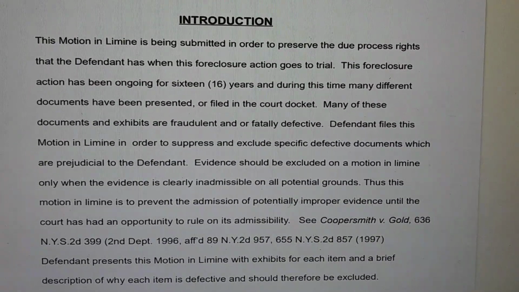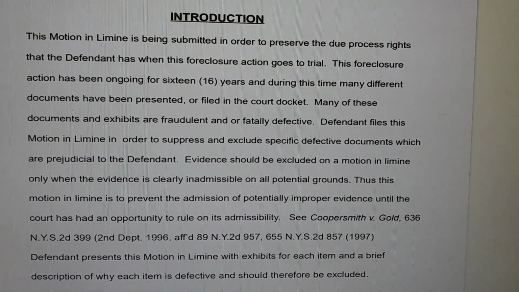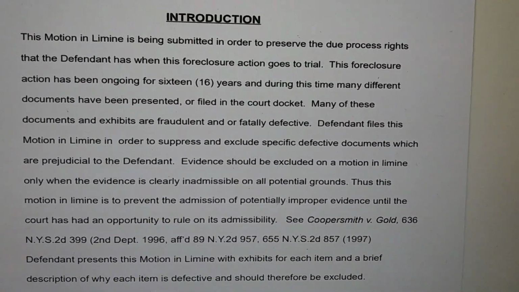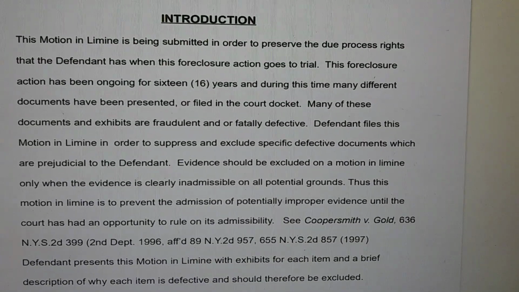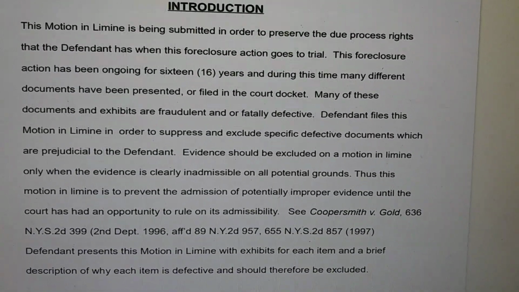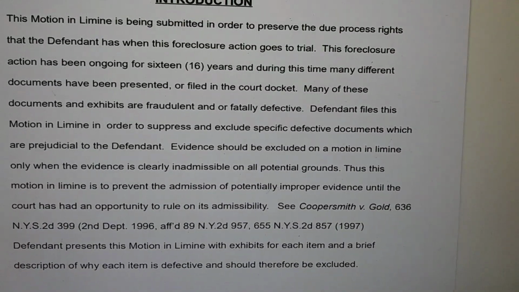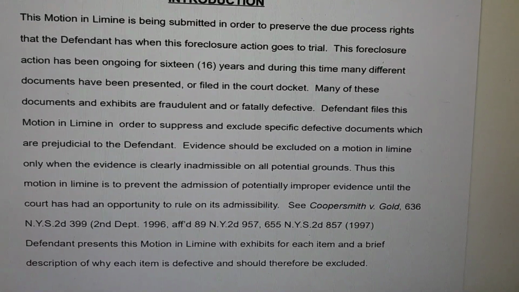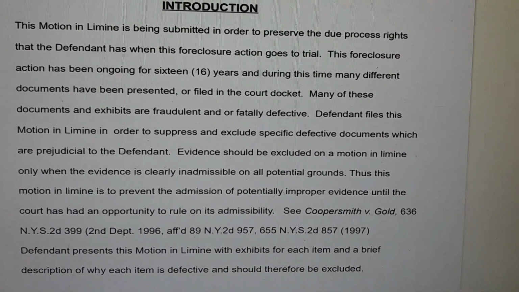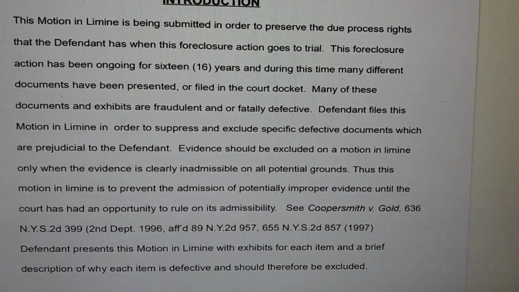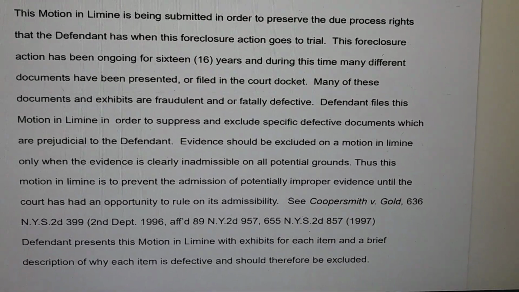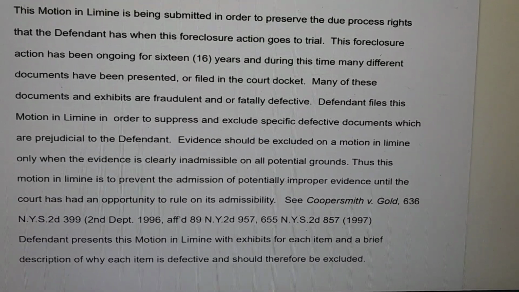This foreclosure action has been ongoing for 16 years, and during this time, many different documents have been presented or filed in the court docket. Many of these documents and exhibits are fraudulent and or fatally defective. Defendant files this motion in limine in order to suppress and exclude specific defective documents which are prejudicial to the defendant.